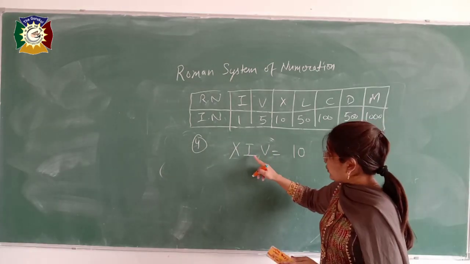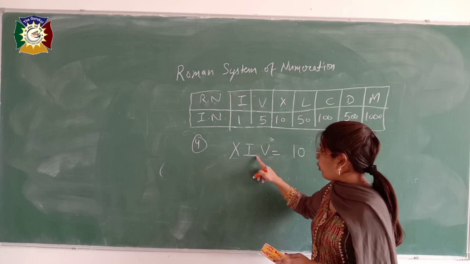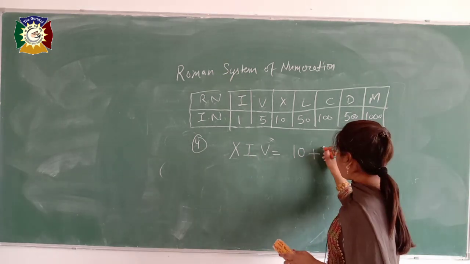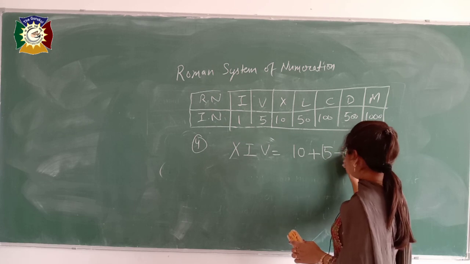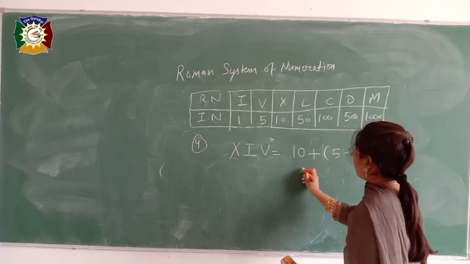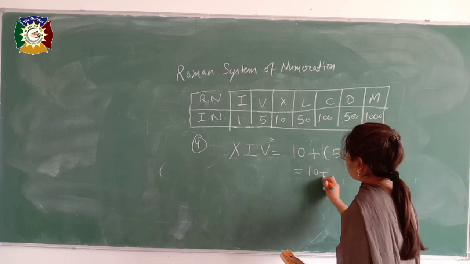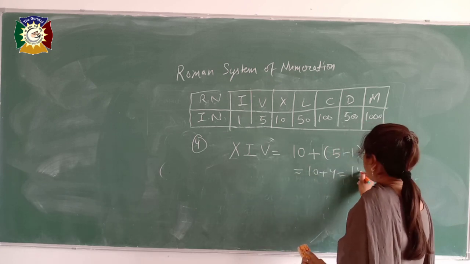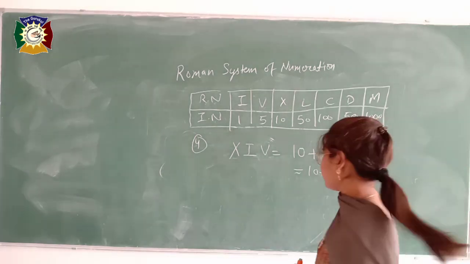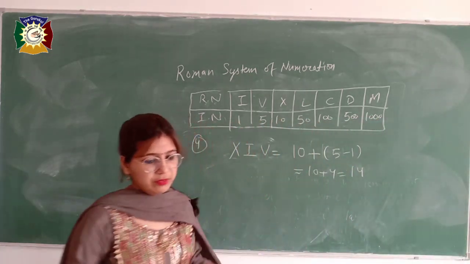See, I said you have to subtract the value of I from the number which is following it. So here you have to write 5 minus 1, and you will get 10 plus 4, it gives you 14. Understand? This is our rule number 4.